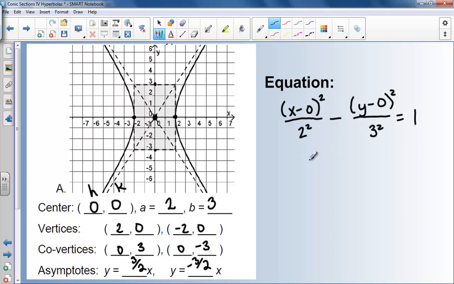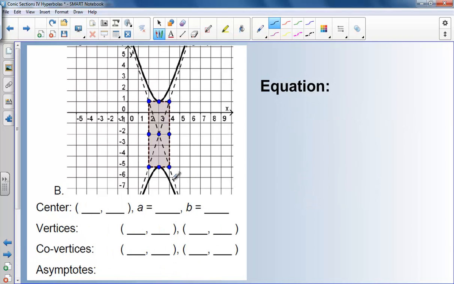I want to talk really quickly about how you would see this. Now, I wrote this way specifically so I could put it in the calculator easily. But if you were looking at just an equation somewhere, it would be written like this instead, just like with our ellipses. So I have squared my terms and I've left my h and k off.